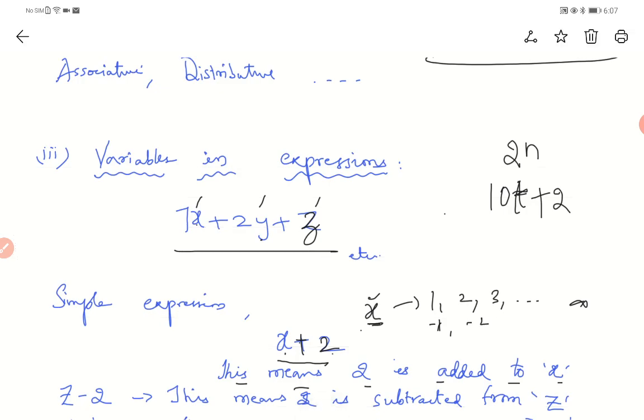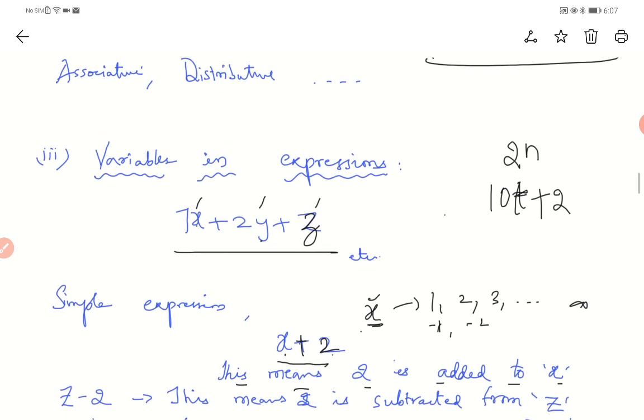Other simple expressions: if I have 2n, what does this mean? This means that 2 is multiplied with n, or you can say in the form of a statement, 2 of n. 2 of n means 2 is multiplied with n.